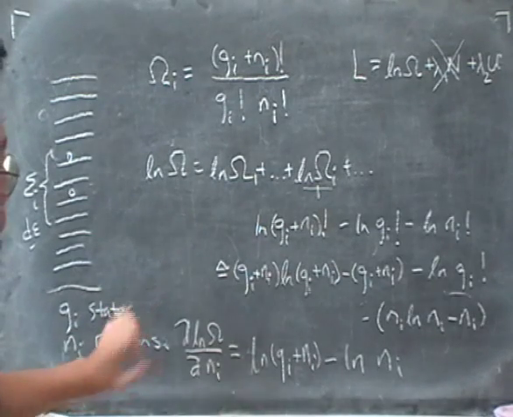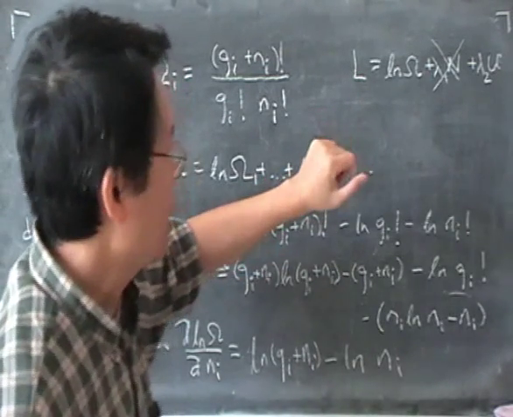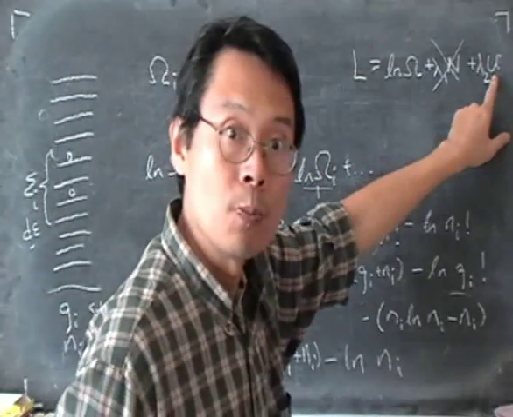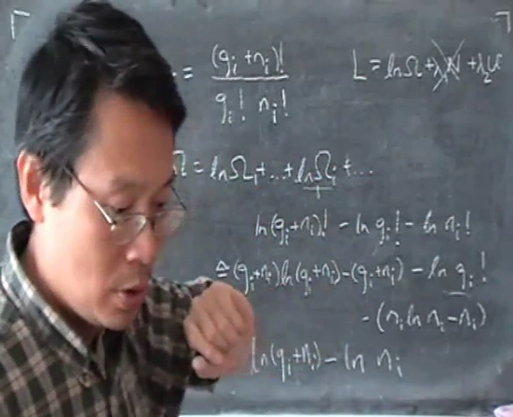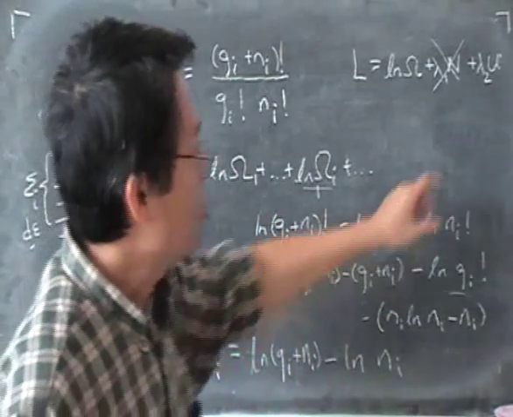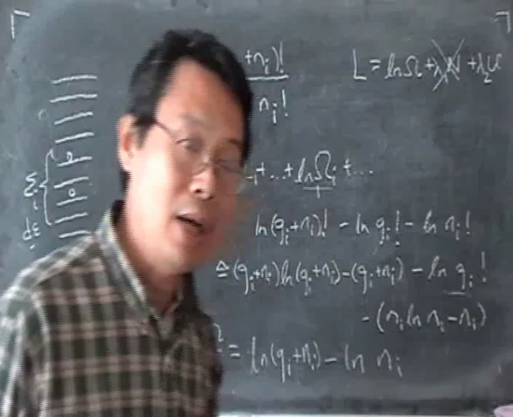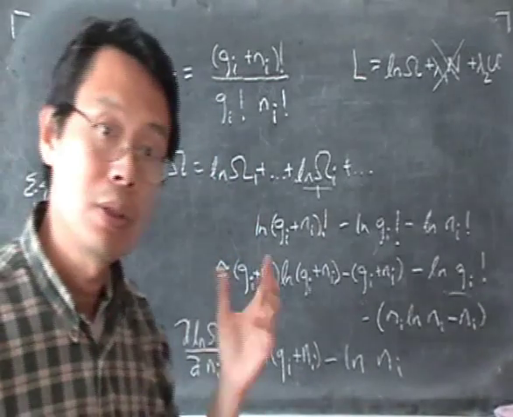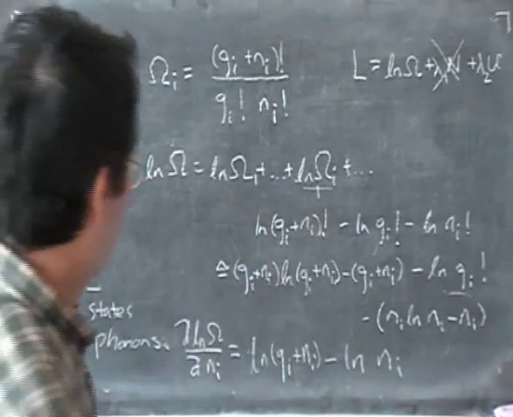And the next thing we also need to differentiate would be the u. Now remember that u is n1 e1 plus n2 e2 and so on. So if you differentiate u with respect to ni, you will just get ei. So we have what we need now.